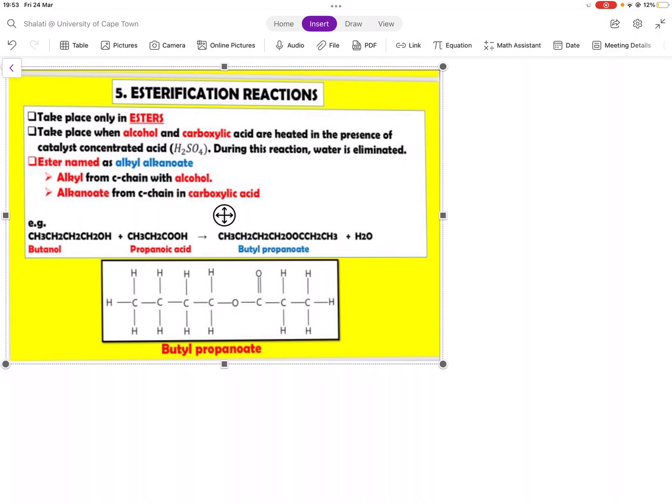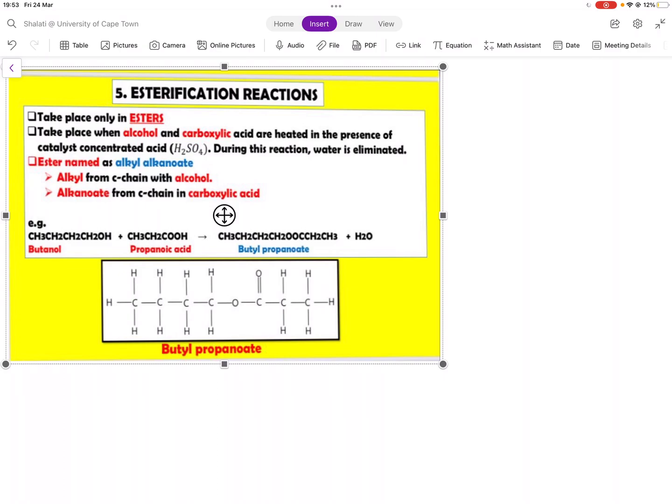Okay, so esterification is when an alcohol reacts with a carboxylic acid in the presence of a catalyst, concentrated sulfuric acid, and then they form an ester.